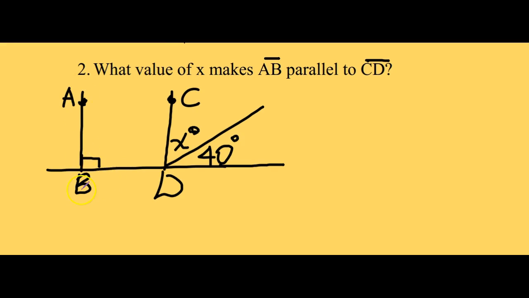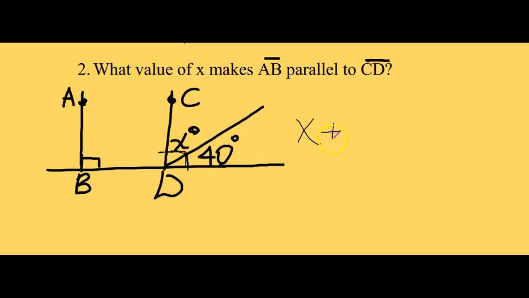So they're actually perpendicular. Therefore, CD has to be perpendicular to BD as well if CD and AB are parallel. Therefore, if we add those two angles together, they should be 90.